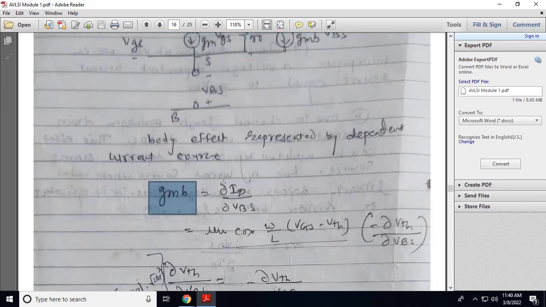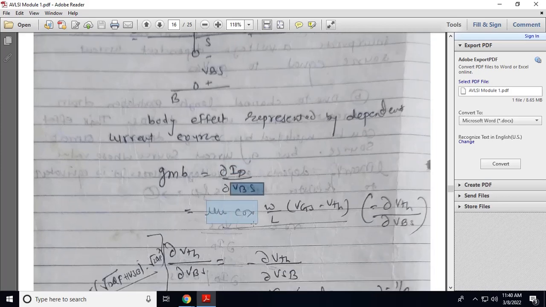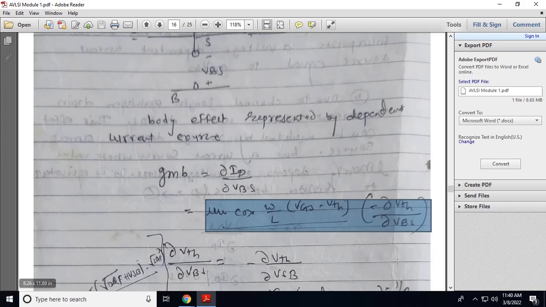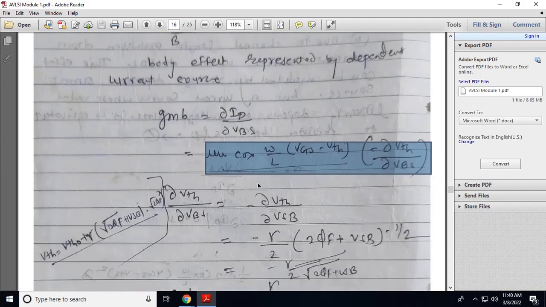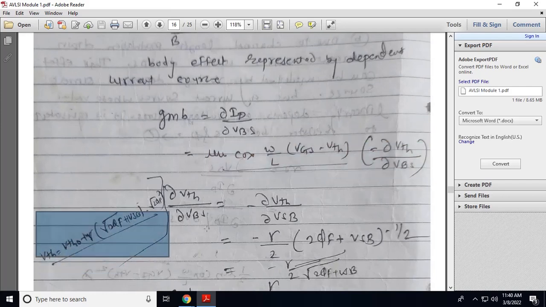So GMB is the change in ID with respect to body to source voltage. So see, this is the equation, that is mu n C ox W by L (VGS minus VTH) times minus derivative of VTH with respect to body to source. So this is the equation of VTH with a body effect. You can differentiate this VTH with respect to body to source voltage.